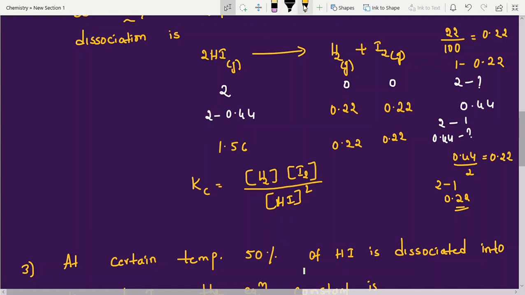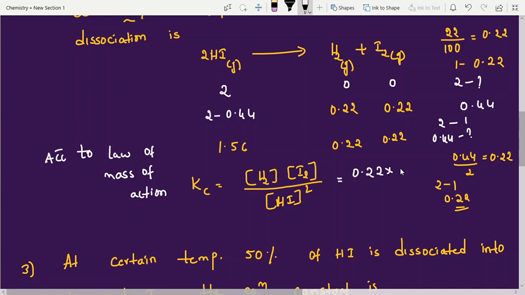So whatever stoichiometric coefficient is given, it is raised to the power according to the law of mass action. According to the law of mass action, what is the definition? The rate of reaction is directly proportional to the concentration of the reactants raised to the power of stoichiometric coefficients. Right or not? So here the stoichiometric coefficient is 2, that's why. Here 1, that's why not taken.